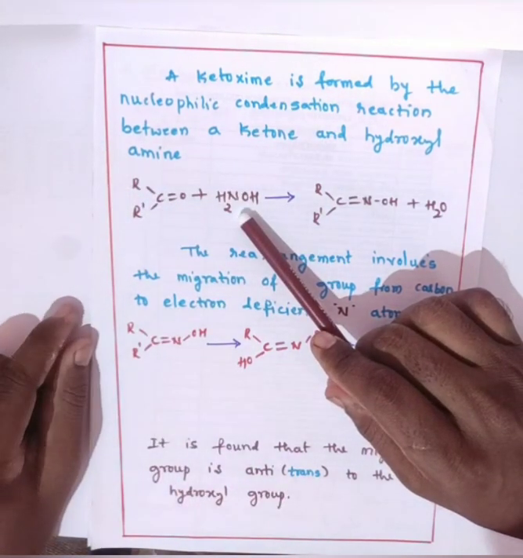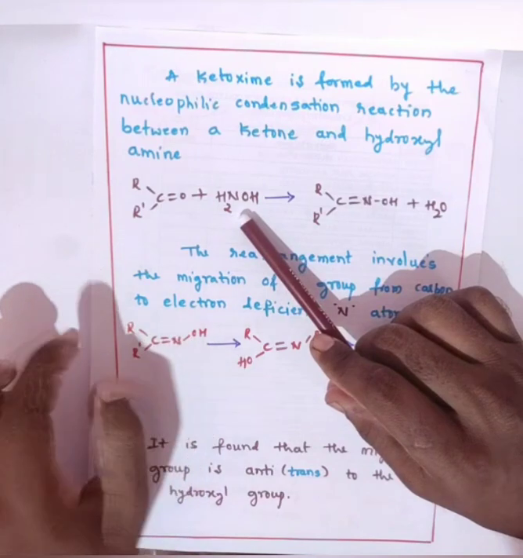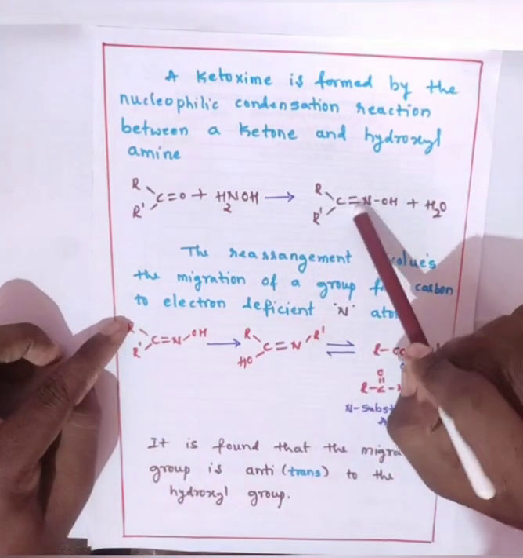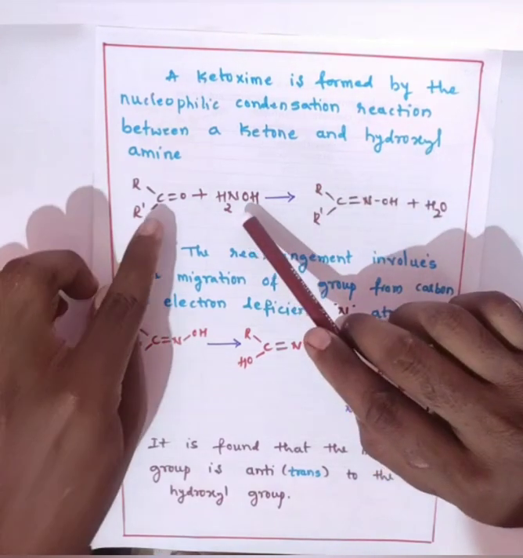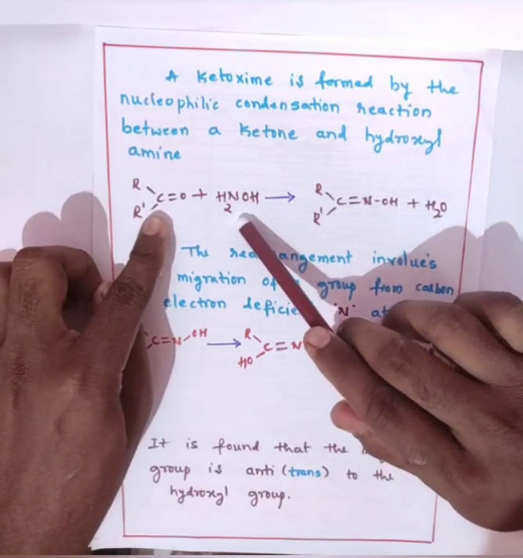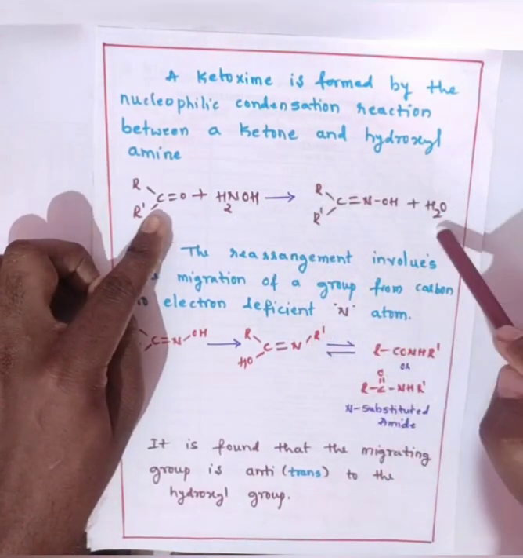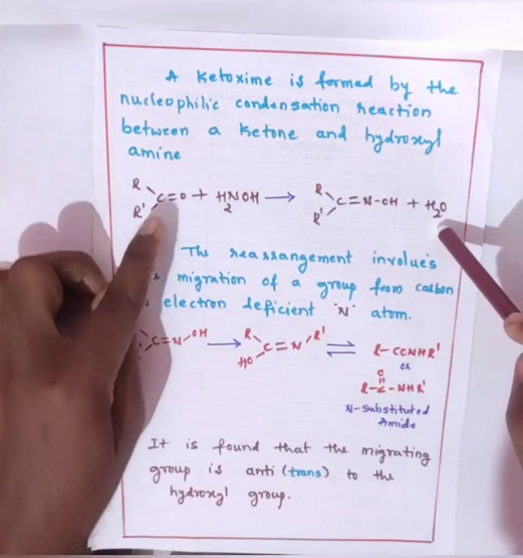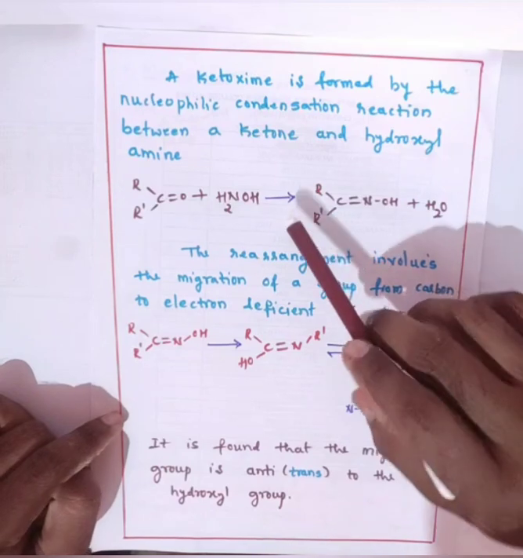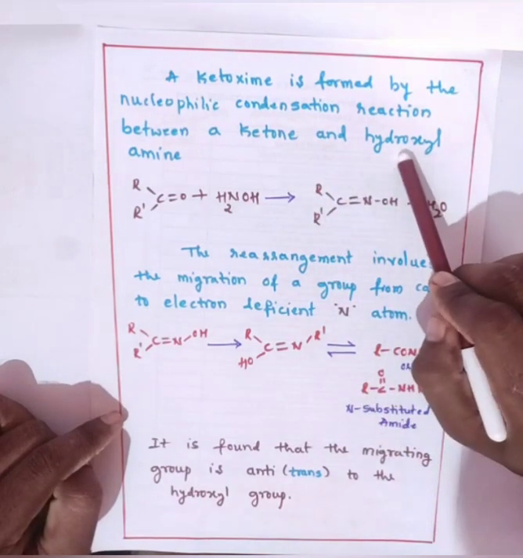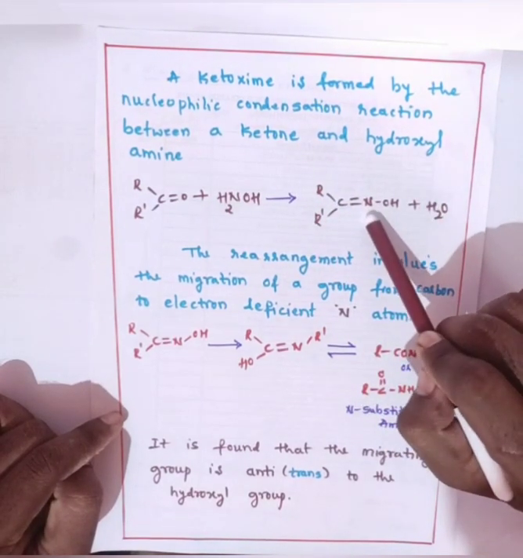Condensation reaction is the joining of two molecules into one by the elimination of some byproduct. Here, the joining of the ketone and hydroxylamine takes place by the elimination of what? Water molecule. That we call condensation. That is the nucleophilic condensation of the ketone and hydroxylamine, which gives the ketoximes.